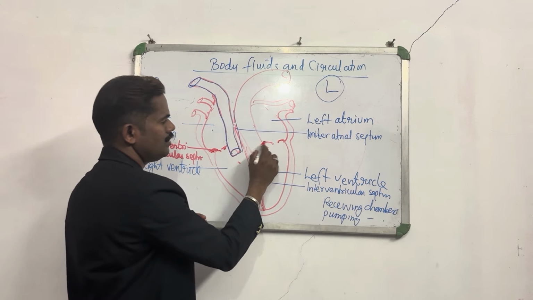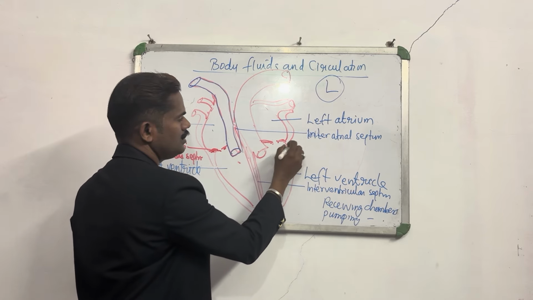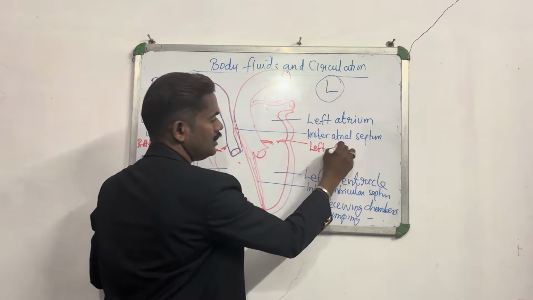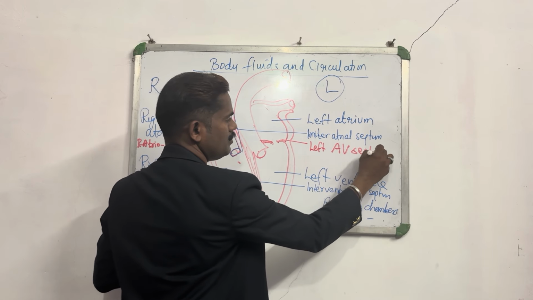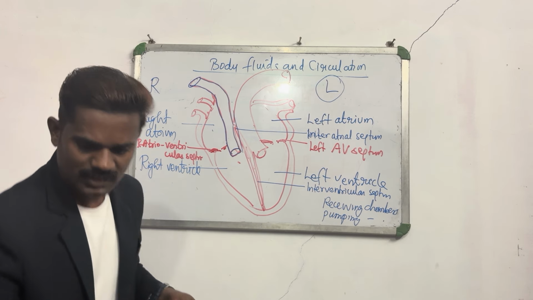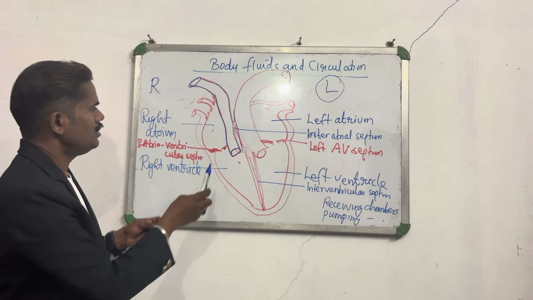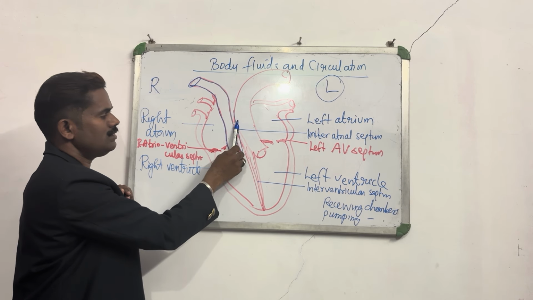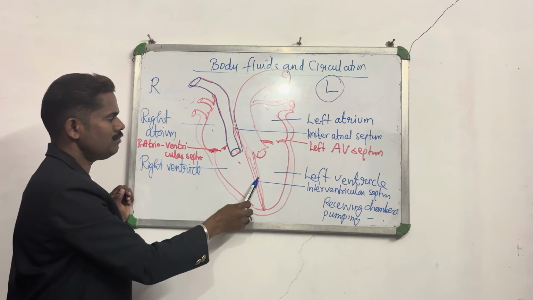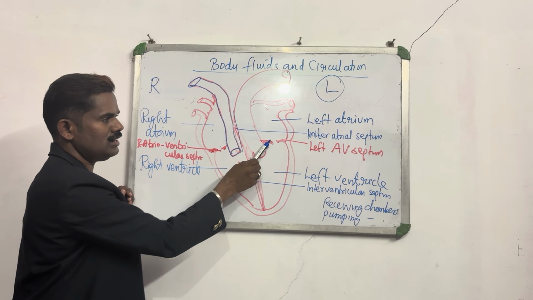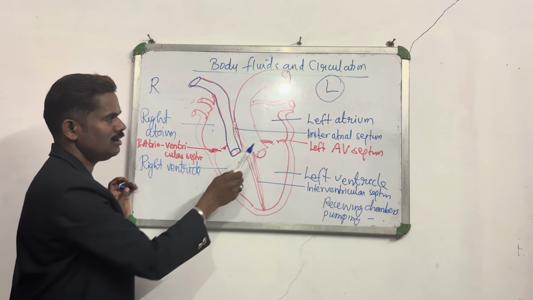In the same way, one more septum wall is there on the left, called the left atrioventricular septum, the left AV septum. So there are four partitions, four walls: interatrial septum, interventricular septum, right atrioventricular septum, and left atrioventricular septum. So these are the walls.